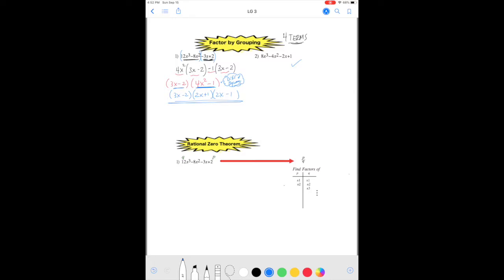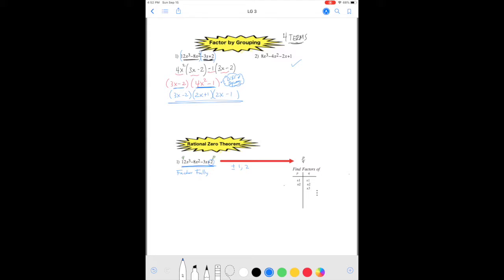Now this is a tricky one because sometimes when you have to factor fully, which we did in the last video, you can't do it by taking plus and minus 1 or 2, because that's what I told you, the last number, the constant, you take all the factors of it.